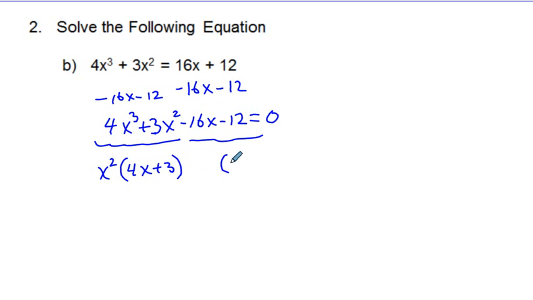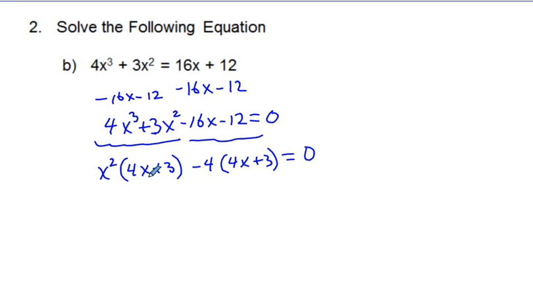So if we write here 4x plus 3, what number times 4x will give us negative 16x? Well, it's going to be minus 4. And it so happens that negative 4 times 3 is negative 12. So this will be our factoring.